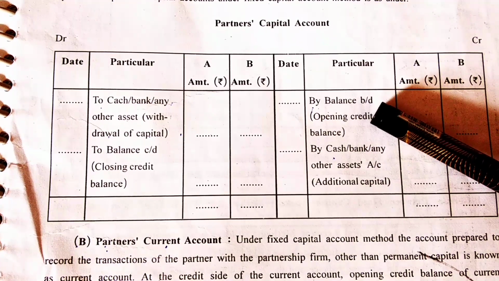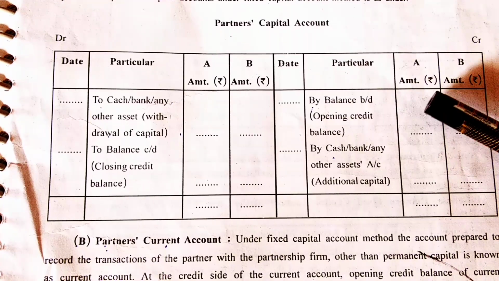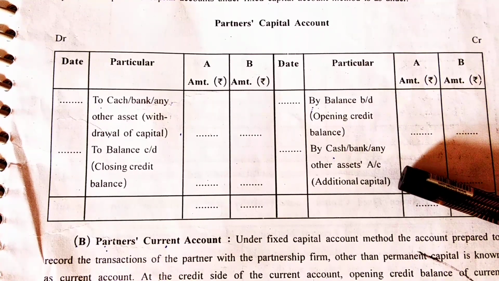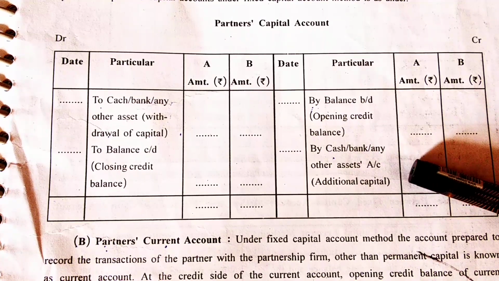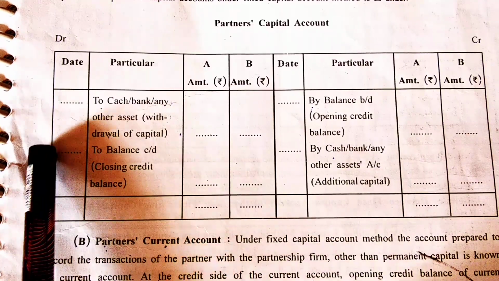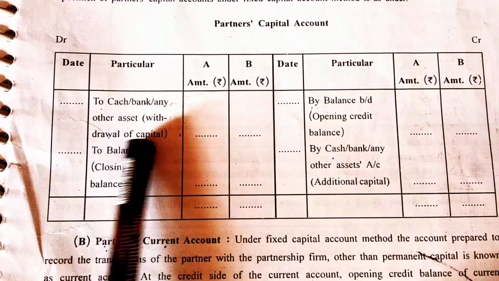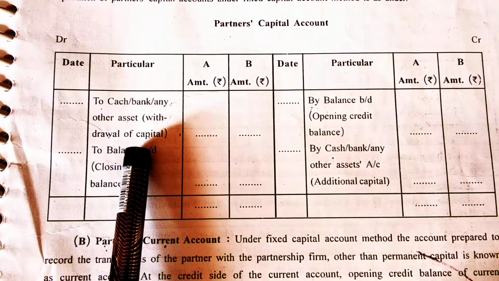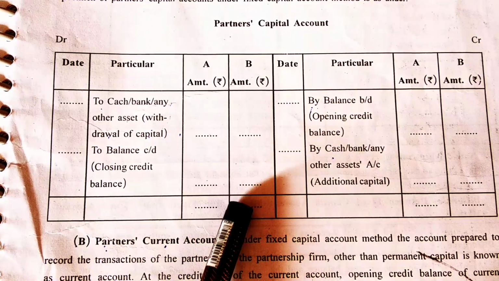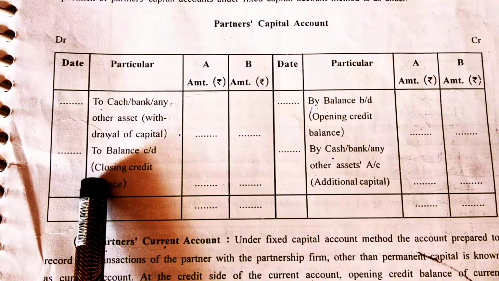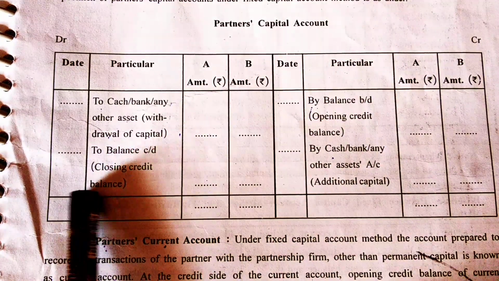You can see that opening balance of capital is shown in partner capital account, and additional capital brought by cash, cheque or any other asset is recorded in capital account. And on the debit side, cash, bank, any other asset withdrawn from capital is recorded. And finally capital accounts are closed and closing balance is transferred to the balance sheet.